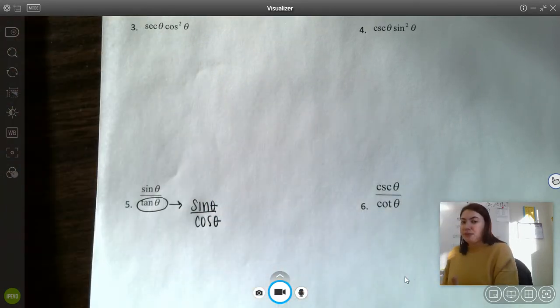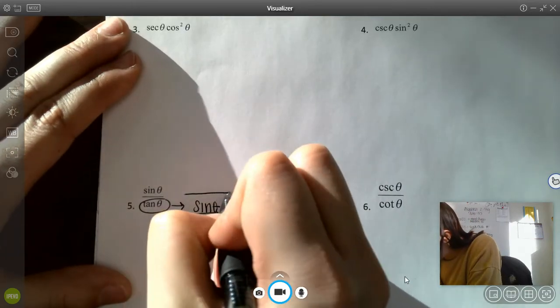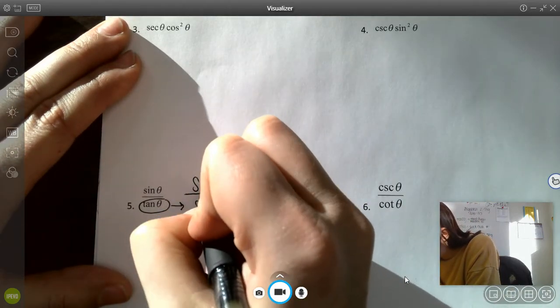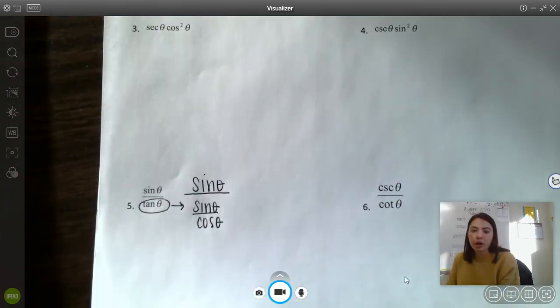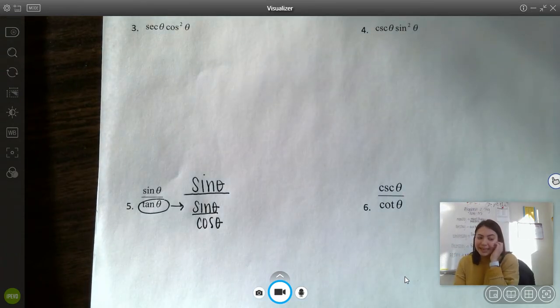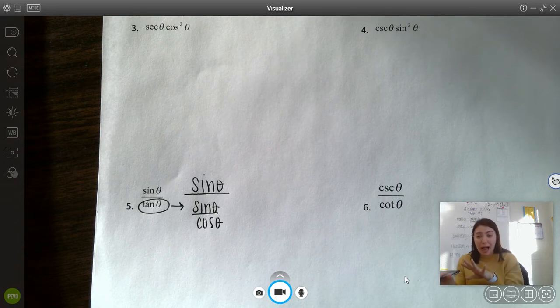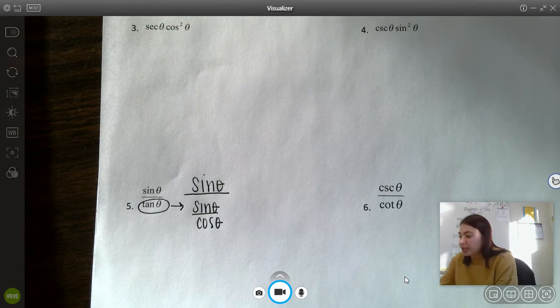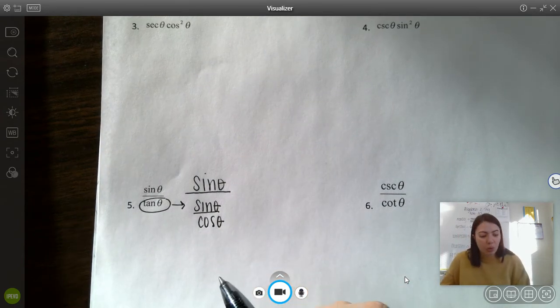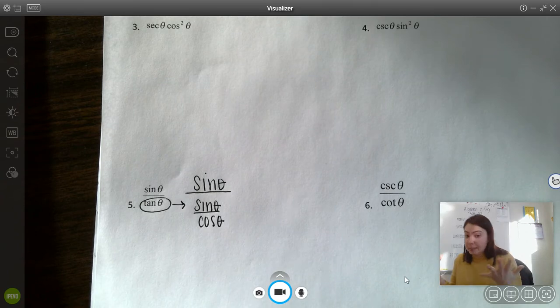So that is the denominator, and the sine of theta is still our numerator. Yes, this is a complex fraction, and we really try to avoid complex fractions. But what do we know about a complex fraction in your denominator? We can always multiply by the reciprocal.